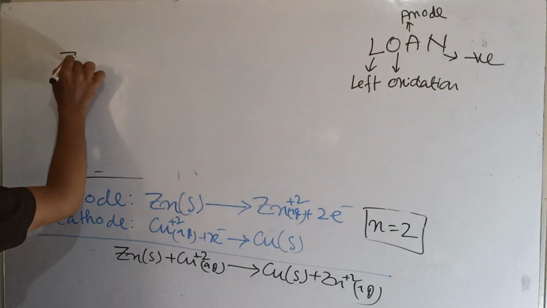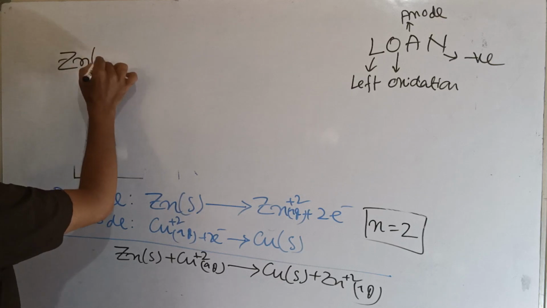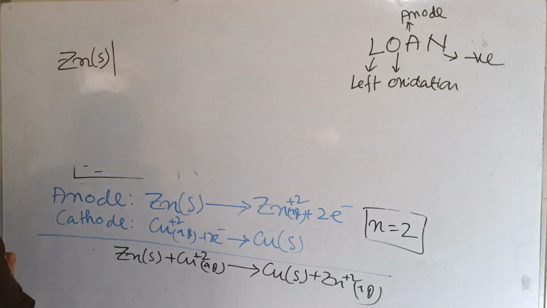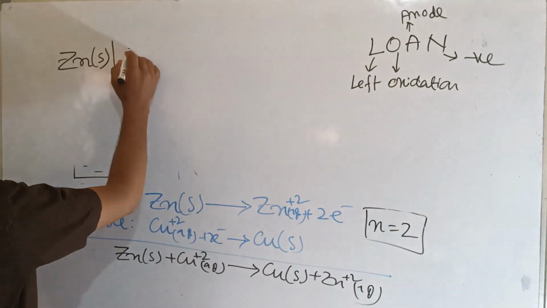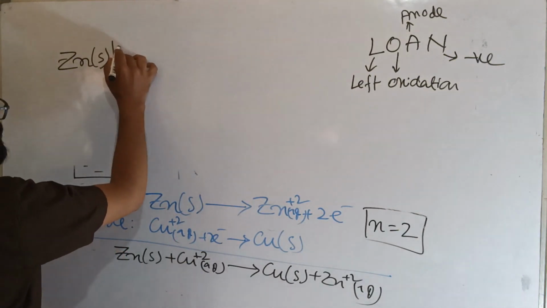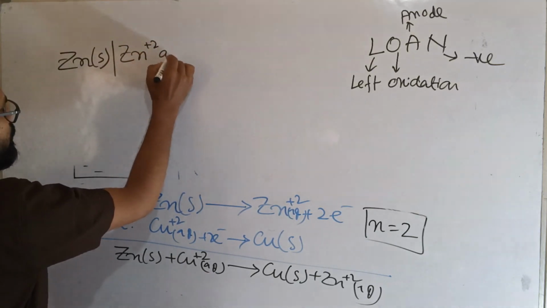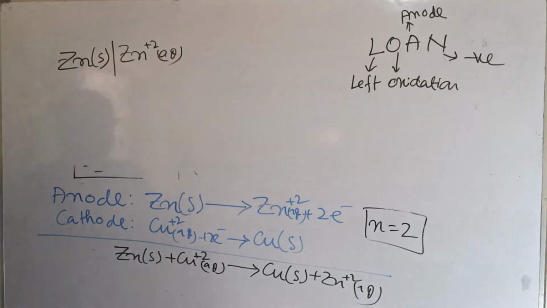So here Zn solid, then this single vertical line, Zn+2 aqueous.